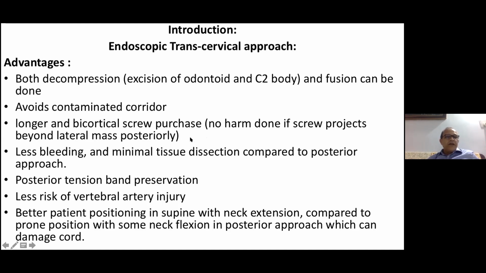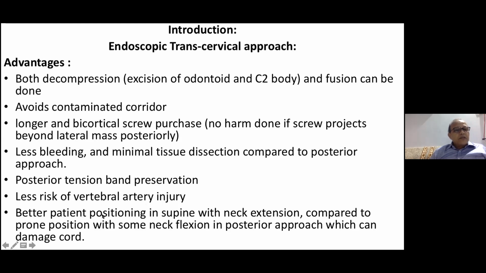There is a less bleeding, minimal tissue dissection compared to posterior approach. The posterior tension band, which is very important in stability of the cervical spine, is maintained. So because you don't go from posterior side, therefore the posterior tension band is preserved. There is a less risk of vertebral artery injury, and there is a better patient positioning.